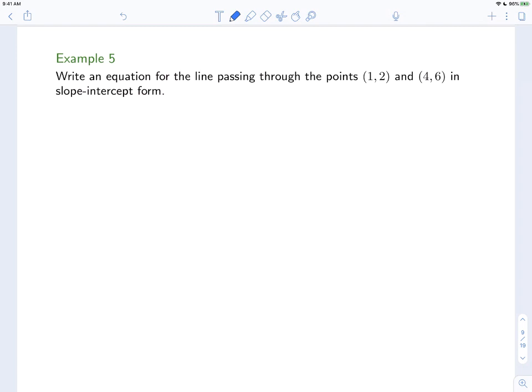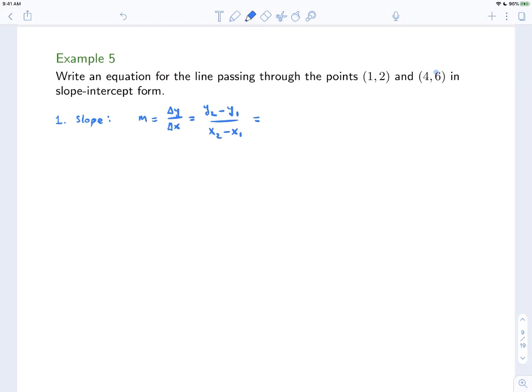So the first thing that we need is the slope. So step 1 is find the slope. And how do we do that? Well, m is the difference of the y's over the difference of the x's. So y2 minus y1 over x2 minus x1. So we start with the difference of the y values.